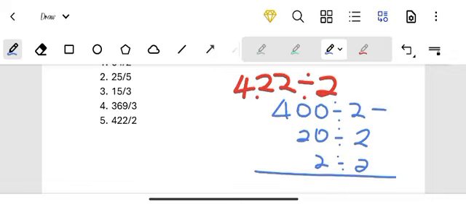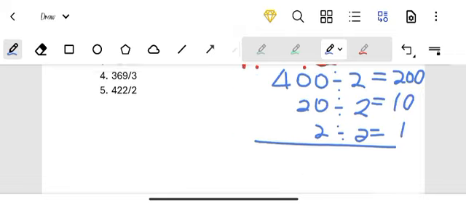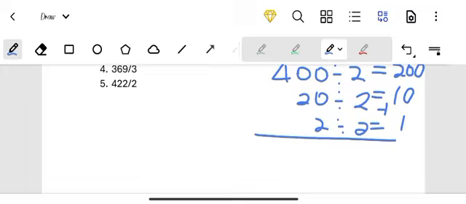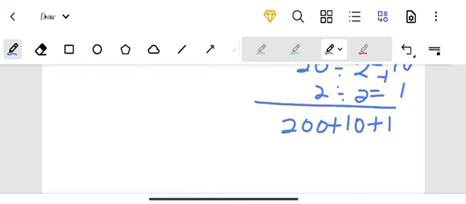Now I am going to count those 3. So 400 divided by 2 is 200. 20 divided by 2 is 10. 2 divided by 2 is 1. So now I am adding these 3. So it's 200 plus 10 plus 1, which is going to give me 211. And you are done.